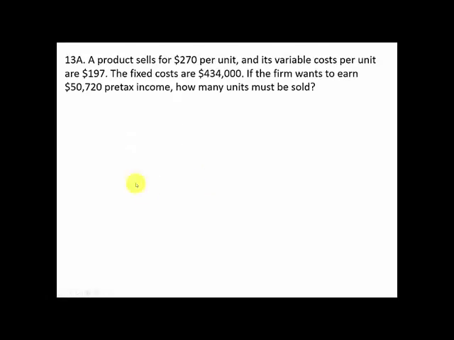Number 13A. A product sells for $270 per unit. Its variable costs per unit are $197. The fixed costs are $434,000. If the firm wants to earn $50,720 pre-tax income, how many units must be sold?